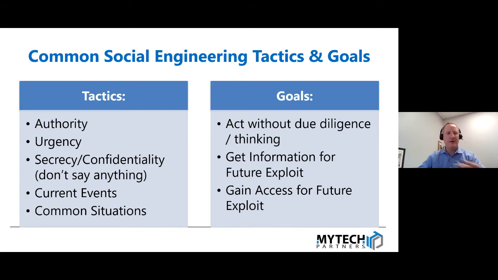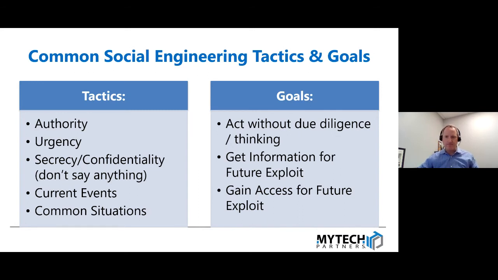And the goal of social engineering using all those tactics is to try and get you to act without thinking or without doing your due diligence, and to get information either for the exploit at the moment, like getting your password, or maybe getting a piece of information like who's the executive assistant, who is the person the CEO is most likely to contact to give financial information, who's the accounting person or the CFO or the controller of the organization. Getting all that information might only be a phone call one time, and then they use that information to take the next step in their attack or put another piece of the puzzle together. So that's basically what social engineering is trying to do.